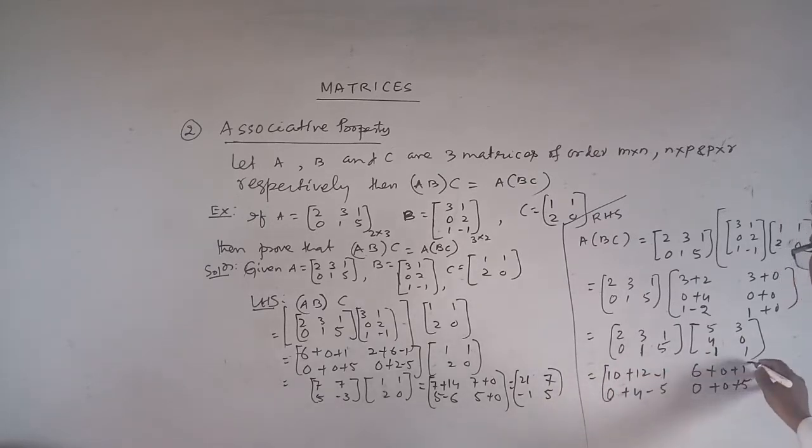So this is equal to 21 7 minus 1, and this is 5.